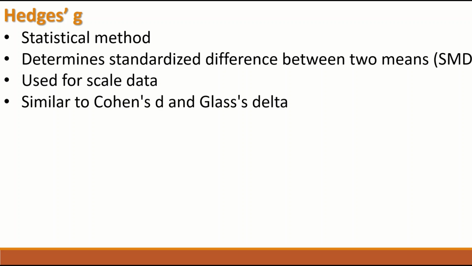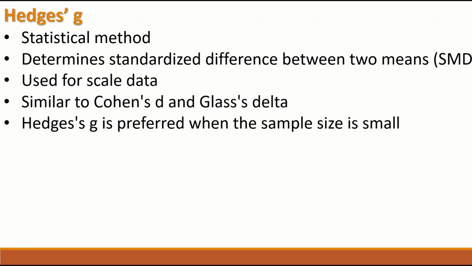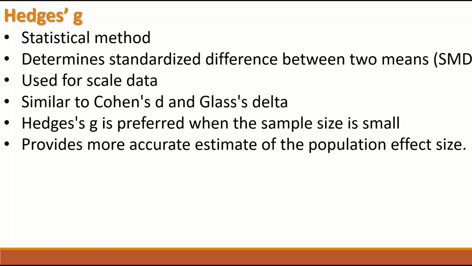It is similar to Cohen's D and Glass's delta effect size, but Hedges G is preferred when the sample size is small. So when you have a small sample size, it's preferred to use Hedges G over Cohen's D or Glass's delta. It provides a more accurate estimate of the population effect size.